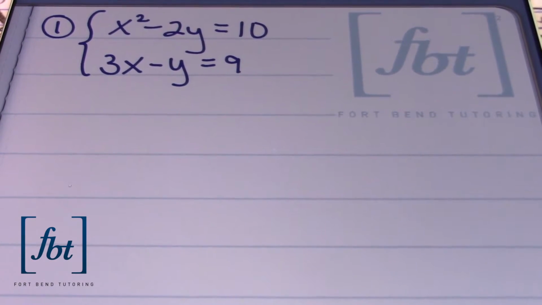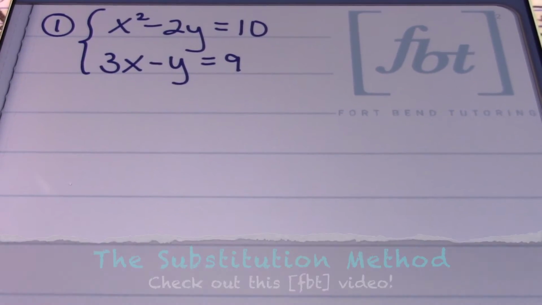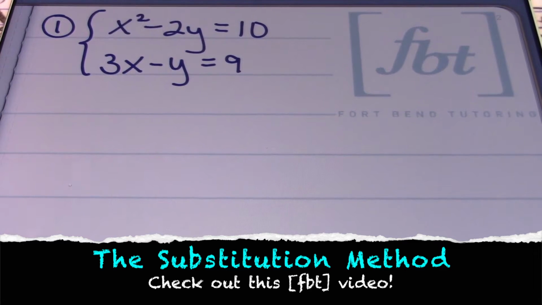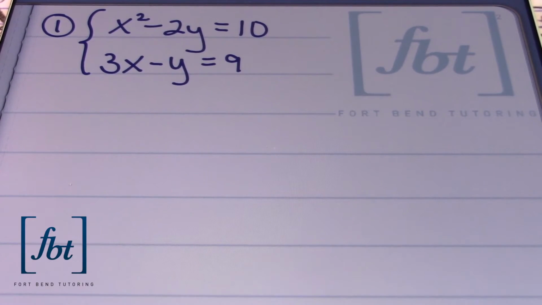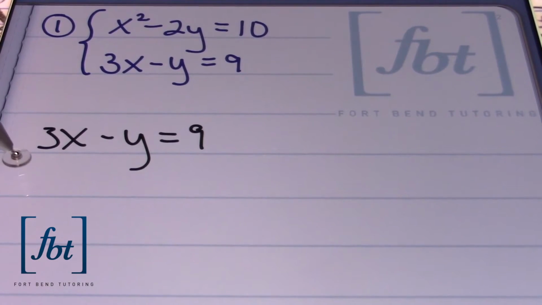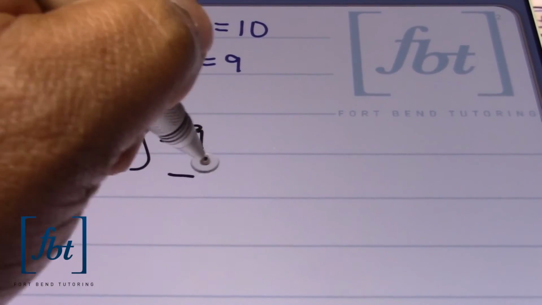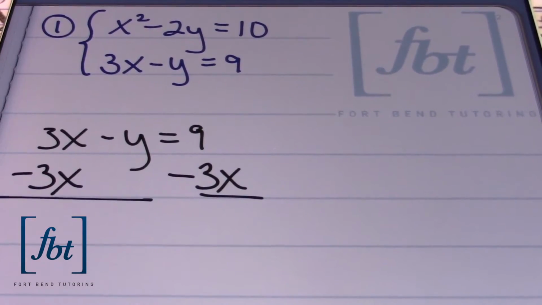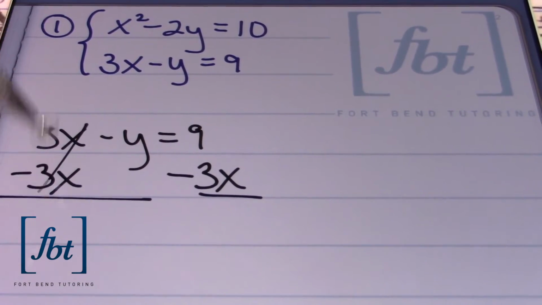So I'm thinking the best approach to this problem is going to be using substitution. So I'm going to take the linear function, the 3x minus y equals 9, and I'm going to solve for y. All right. So we have 3x minus y equals 9. So solving for y, we'll be subtracting 3x to both sides of the equal sign using the subtraction property of equality. Our 3x's will cancel out.